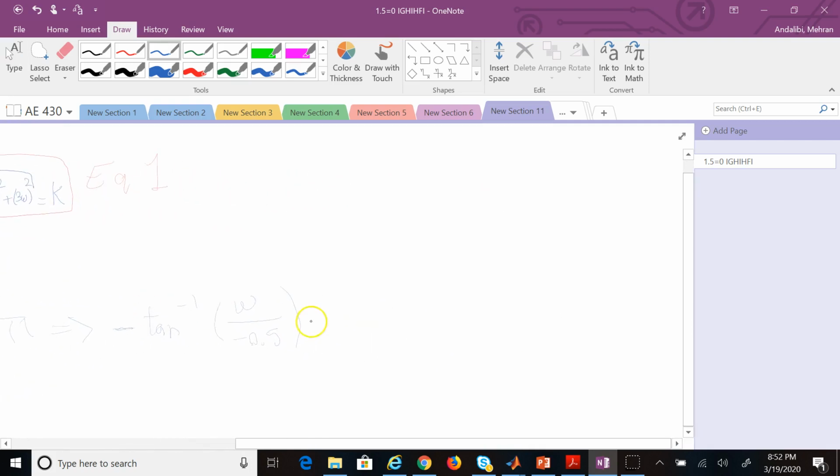So it is going to be negative tangent inverse of 3 omega divided by 3.25 minus omega squared. This whole thing should be equal to what? To pi. So that is my second equation.